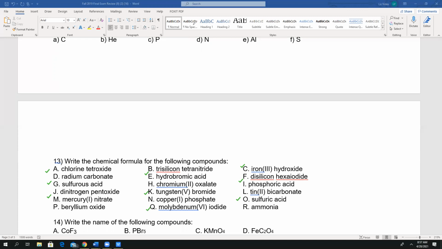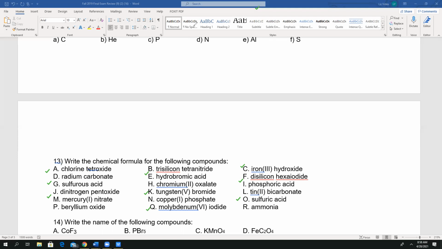So for A, the name is chlorine tetroxide, very obviously with the tetra here, right? The tetroxide tells me it's a covalent compound.